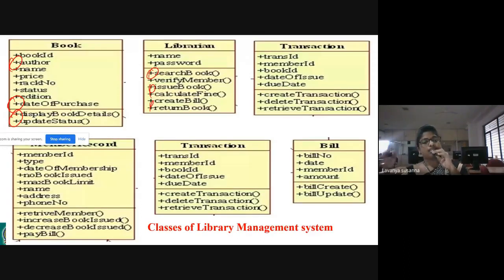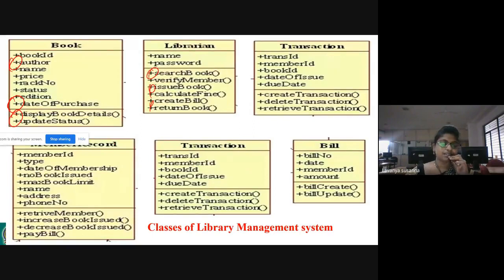And next, think about the operations. What the student is doing, what the librarian is doing. Requesting a book, a librarian must issue the book. Identify all those things. Now, in a library there will be books, right? So identify the book class.